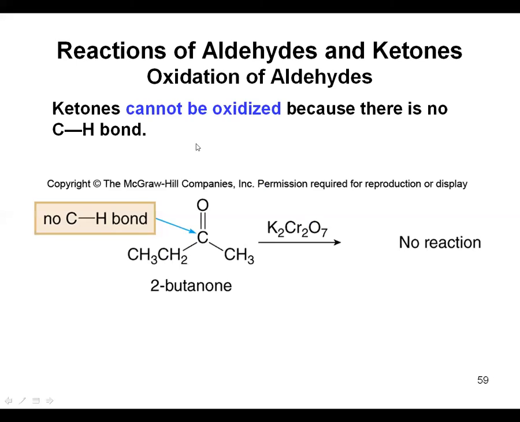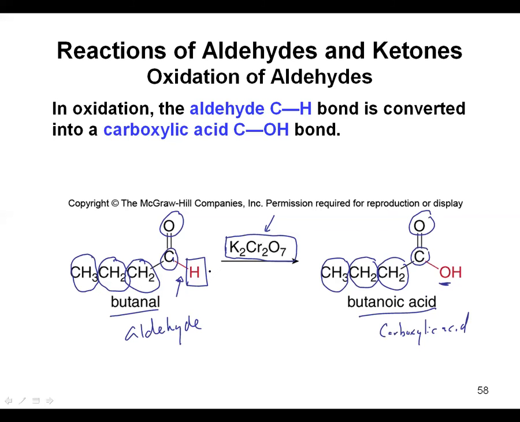Now, when we look at ketones and try to do an oxidation of a ketone, we run into a little bit of a problem. The aldehyde, as we saw on the previous page, has a hydrogen attached to the carbon in that carbon-oxygen double bond.